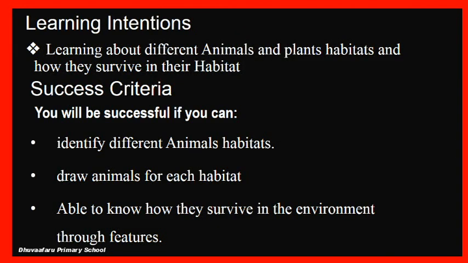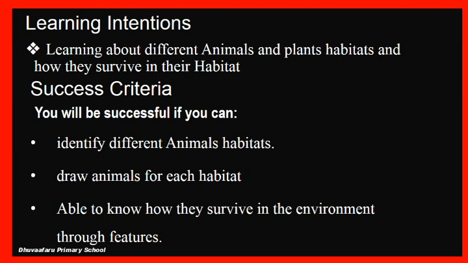So here is the learning intention and success criteria for our lesson. Our learning intention is we are going to learn about different animals and plants habitats, and how they survive in their habitats.